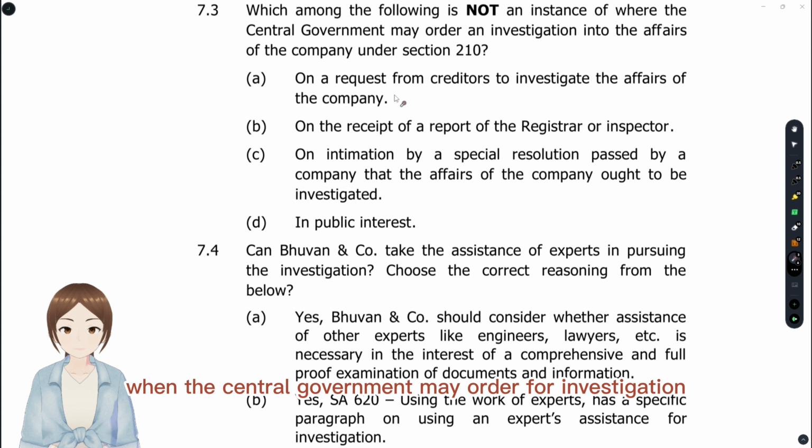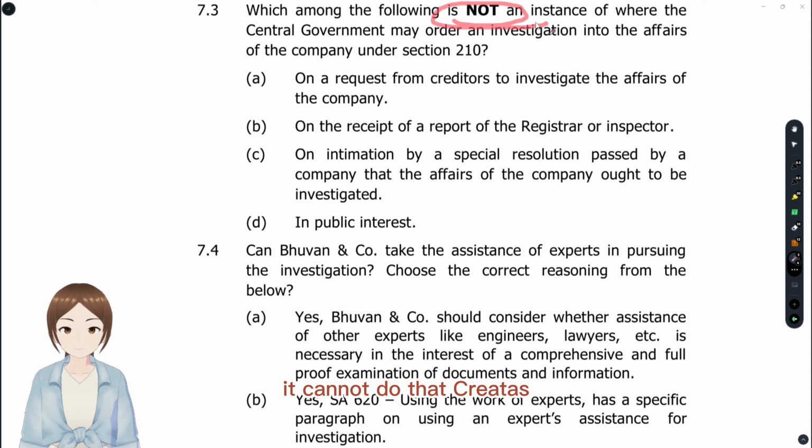The central government may order an investigation into the affairs of the company when it has received a report from the registrar, a special resolution from the company's shareholders, a tribunal order, or in the public interest. So we'll see which it cannot do. Creditors, no, not creditors. It cannot order an investigation on that basis. In all the other instances, such as receipt of a report from the registrar, a special resolution by the company, or public interest, the central government may investigate.